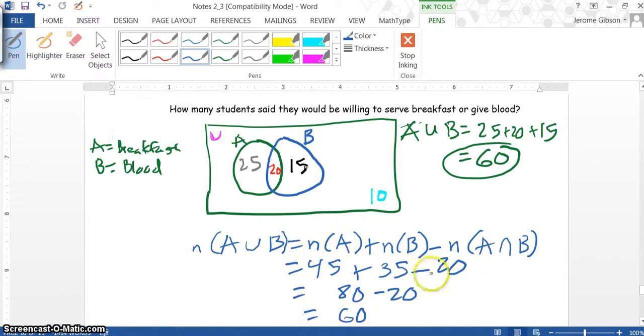Now this was the proper way of doing this. Because we had the Venn diagram drawn, it was easy for us to do it the other way, but let's try it this way here because this will help us with other problems. And this is it.